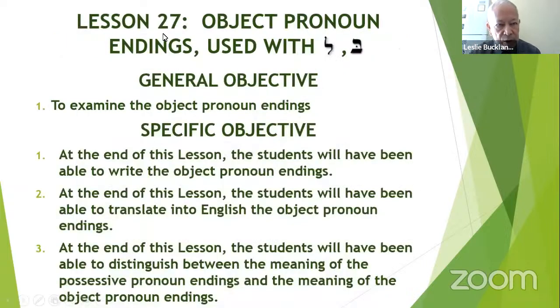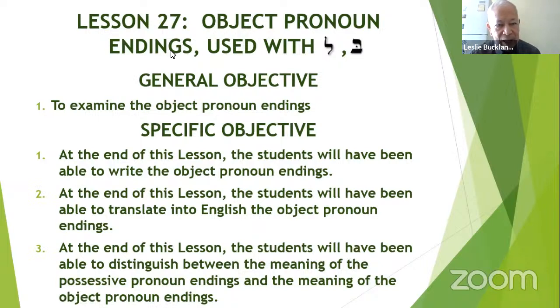We now come to the final lesson we studied for this last term in this year. We're looking at object pronoun. We're not looking now at possessive pronoun, but object pronoun. And these are also endings.